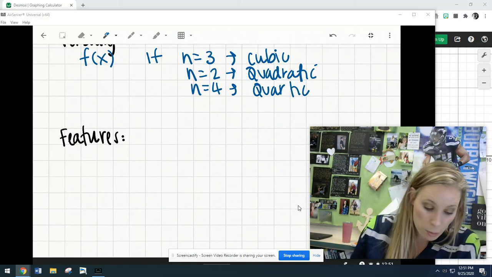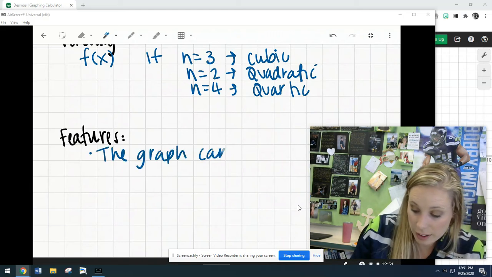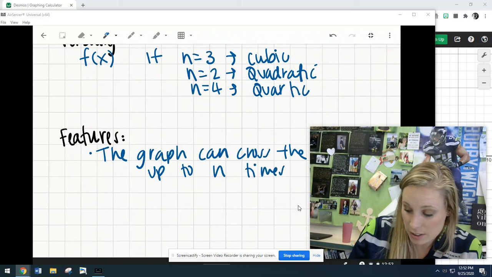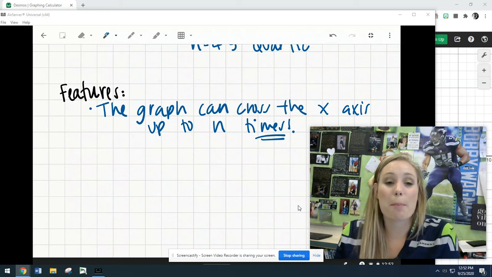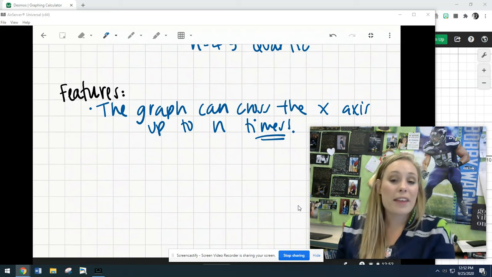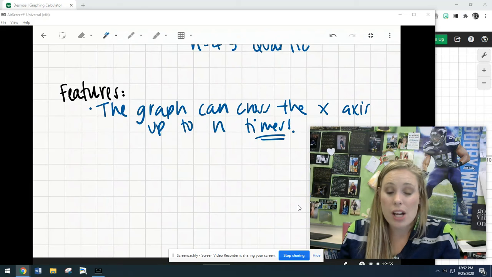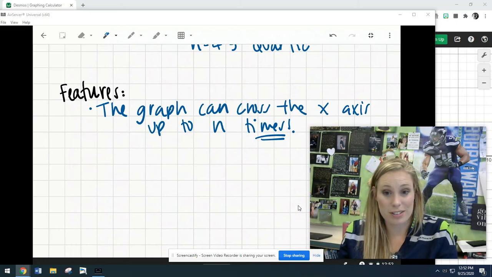For polynomials, the graph can cross the x-axis up to n times. What that means is if you have a cubic, you might have 3 x-intercepts. If you have a degree to the 7th power, you might have 7 x-intercepts. So the graph can cross the x-axis up to n times in a polynomial.